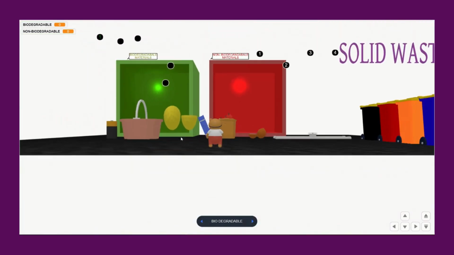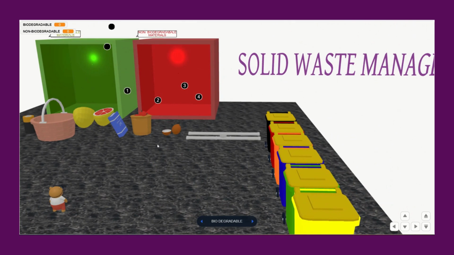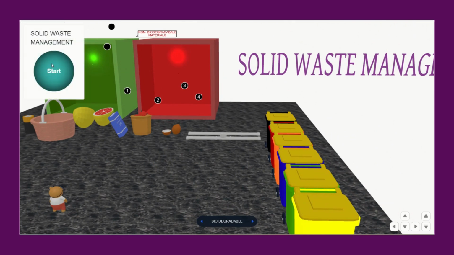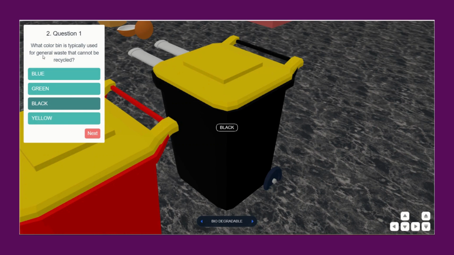So I'm going to keep it like this and press 9. Now you can see the quiz here. What color bin is typically used for general waste that cannot be recycled?